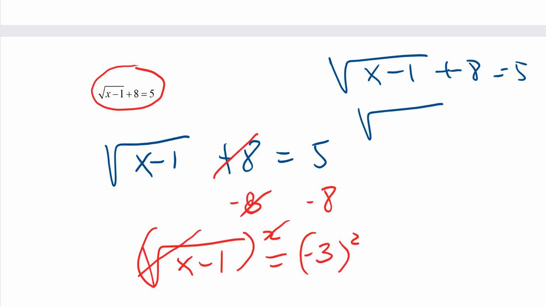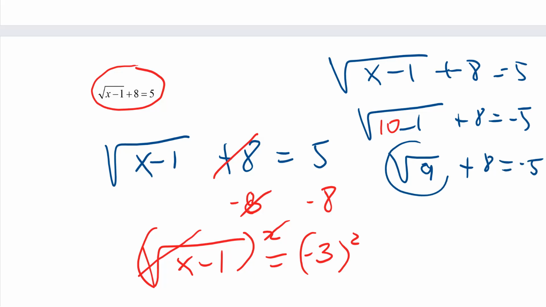So we're going to have the square root of 10 minus 1 plus 8 equals negative 5. So we'll have the square root of 9 plus 8 equals negative 5. The square root of 9 is 3. So we get 3 plus 8 equals negative 5, and that is false.